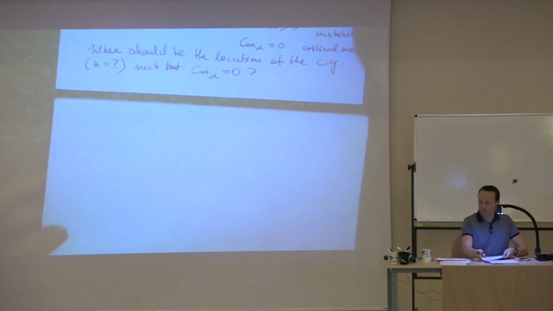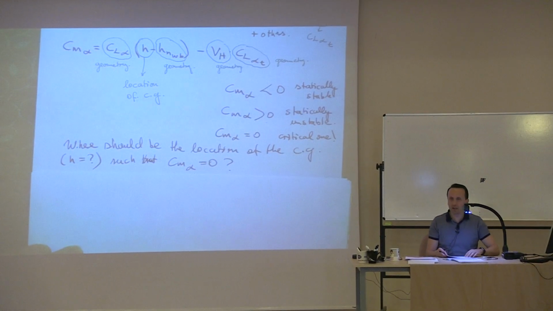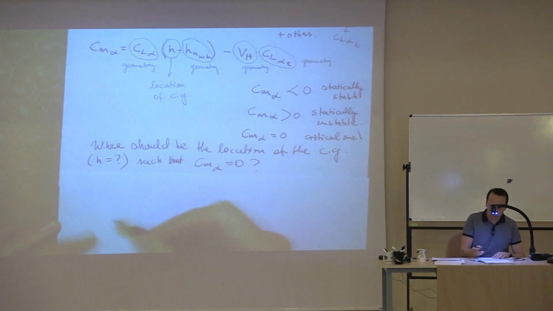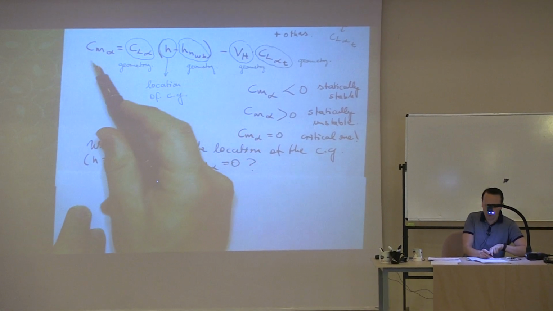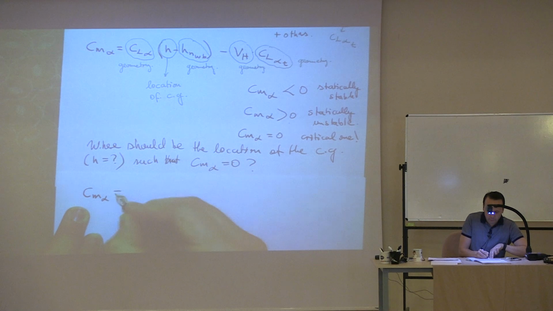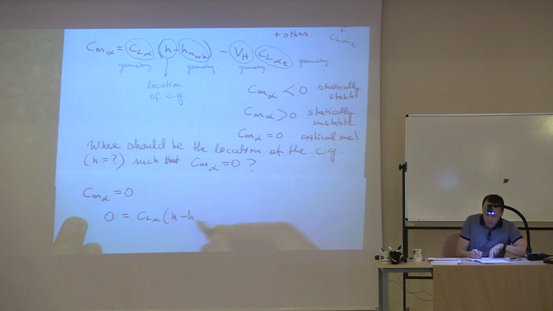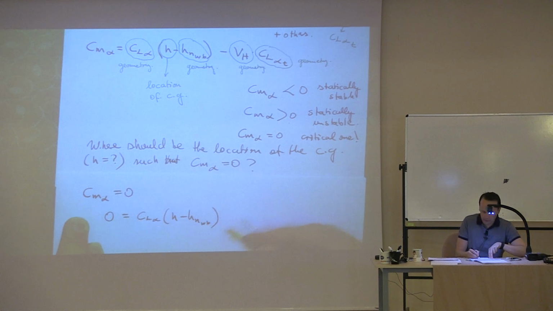The way I'm going to find this is not very difficult, but the result will be very significant. It will be a very fundamental result. I'm going to take this equation, set it equal to 0, and then find h. So Cm alpha, we are looking for the point where it is equal to 0. So the equation will be simply 0 is equal to Cl alpha times (h minus hn of the wing body, the aerodynamic center of the wing body) minus VH times Cl alpha of the tail plus others.